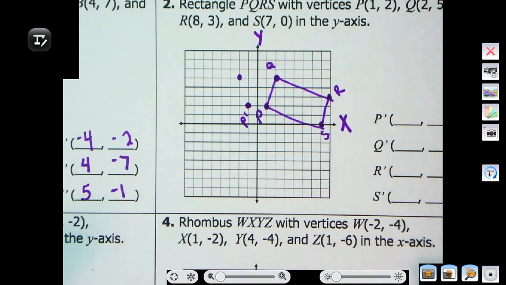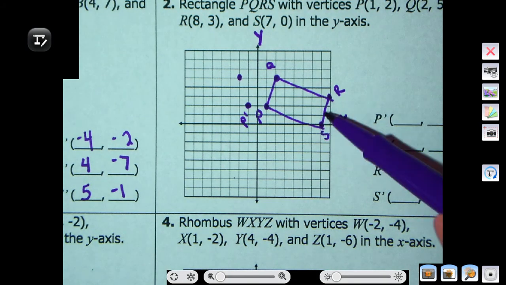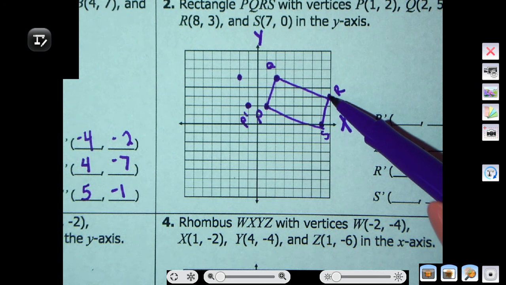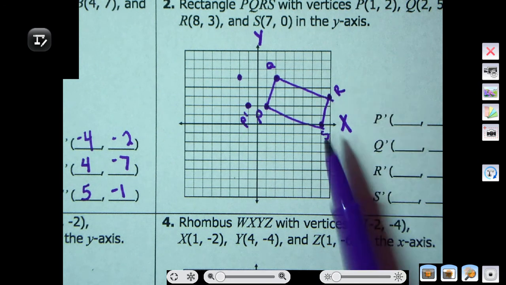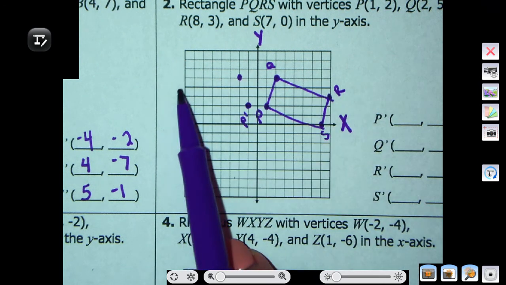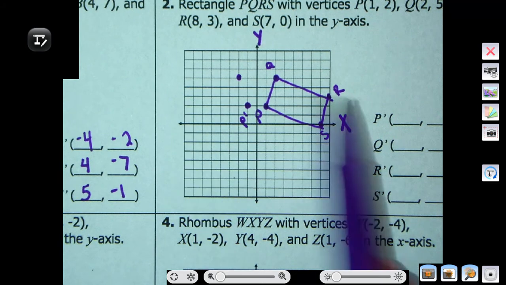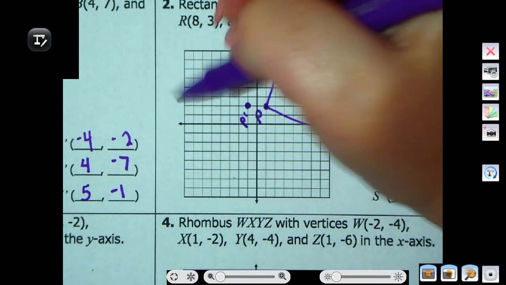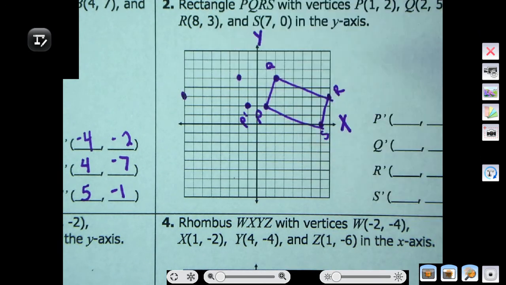All right, let's do R. So R is far away. Remember R, we went over 8 units. So this is 8 units from my y-axis. So I'm going to flip it 8 units over onto the other side. So it's going to go right here. And then my S, same thing.